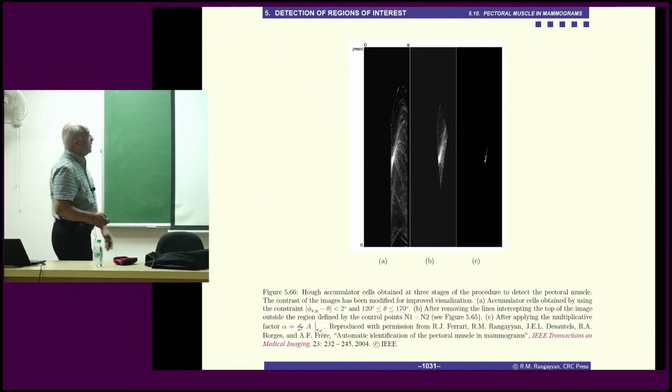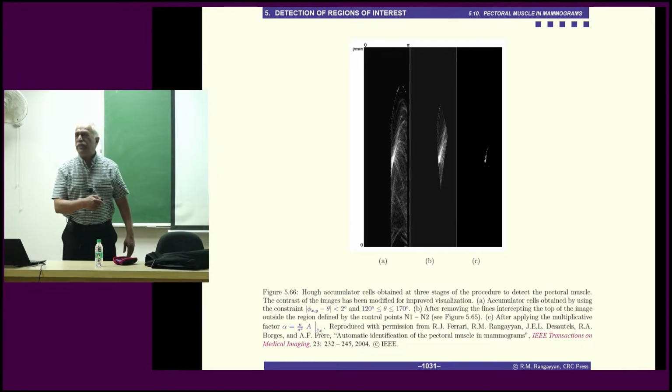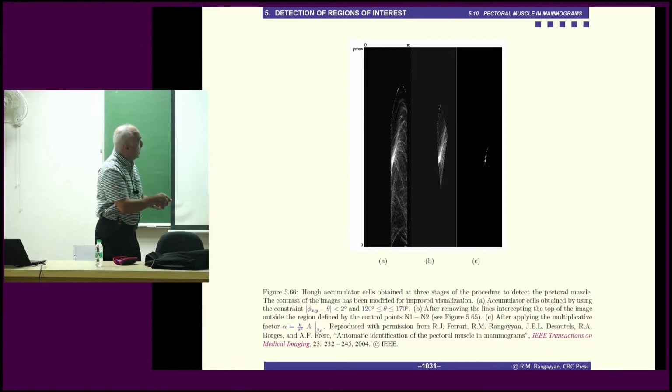Okay, so here we have the Hough transform domain. This is rho, 0 to rho max, 0 to pi. But we're not going 0 to pi, we're only using this much. What did I say? 120 to 170 degrees. We are using only this portion, and within that, we are cutting off many other lines.